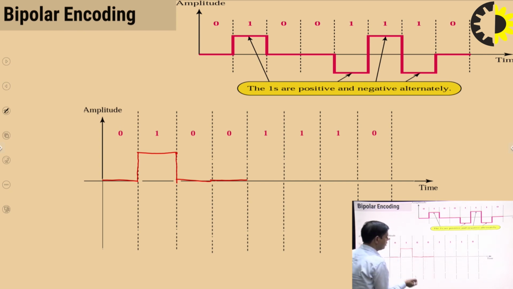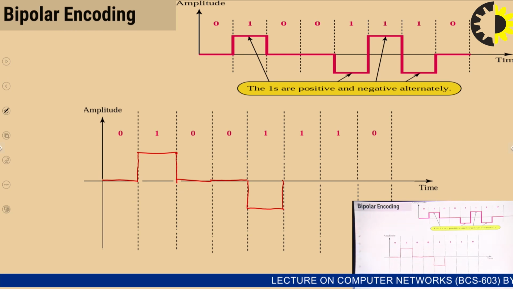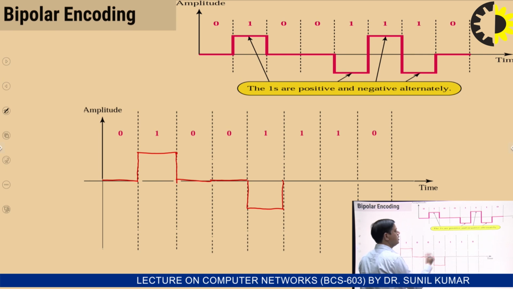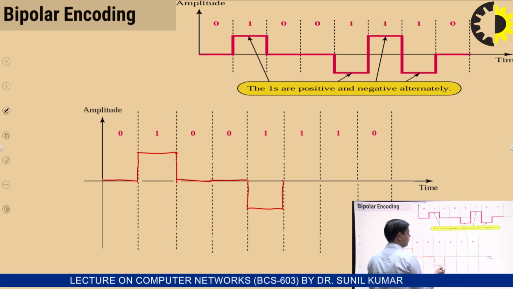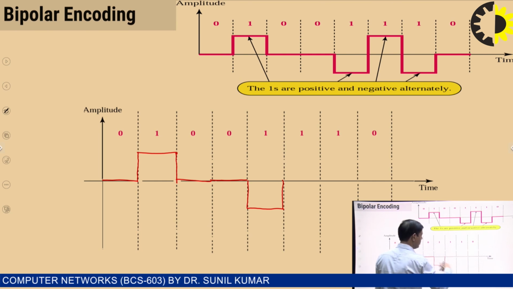That means we will use the negative, below the baseline like this. Again 1 is encountered, that means if we used negative, then it will be used for positive, that means it will be changed like this.